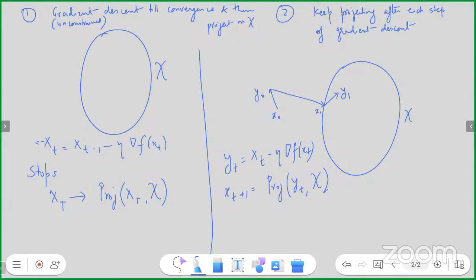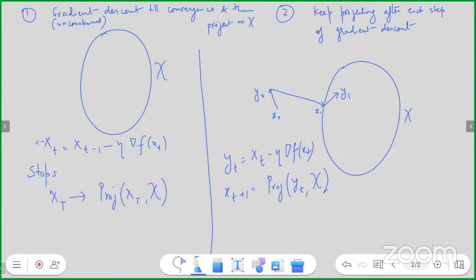It's not a bad algorithm as long as you can guarantee that the optimizer sits inside X. The problem is only when it's on the boundary, and that's why it's difficult to analyze. Algorithm 2 will turn out to be very easy to analyze. I don't have a counterexample right now to say that that algorithm is actually bad, but the only difficulty lies when the optimizers end up on the boundary.